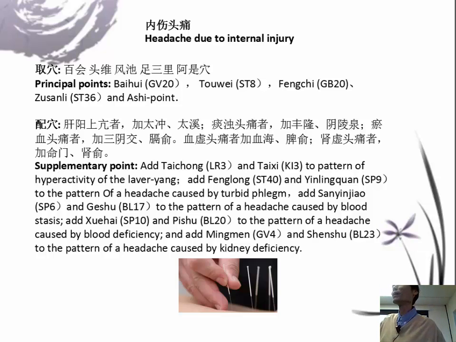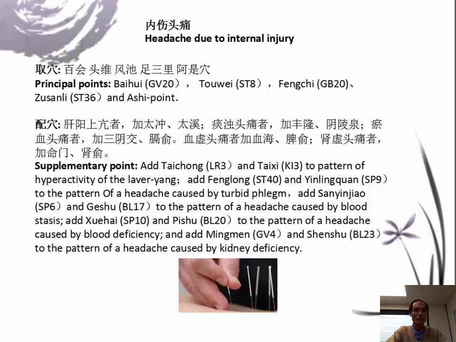This is for tonifying your blood. The second is BL17, Geshu, the point where the blood concentrates. And the third point is GB39, which some people call Juegu and some call Xuanzhong. So these 3 points are good for tonifying your blood.